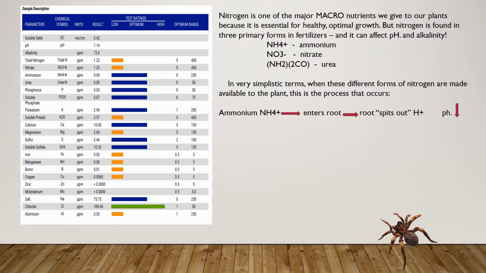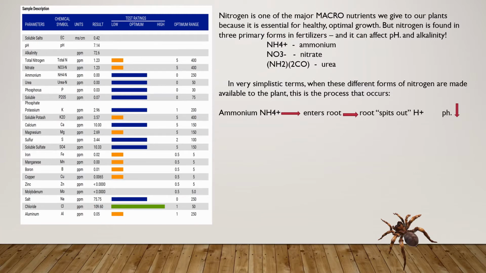ammonium can be taken up by the root in solution, but because of a lot of different organic chemistry and chemistry principles within the plant, it doesn't want to retain all this extra hydrogen, so it spits it out. Not a really good solid science term, but we'll think about it as the root spitting out the extra hydrogen ions here.